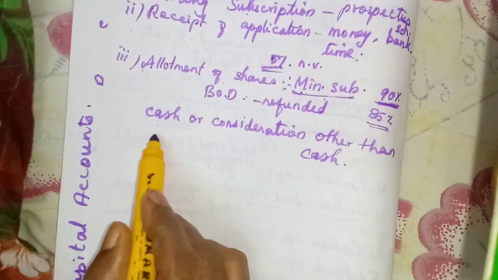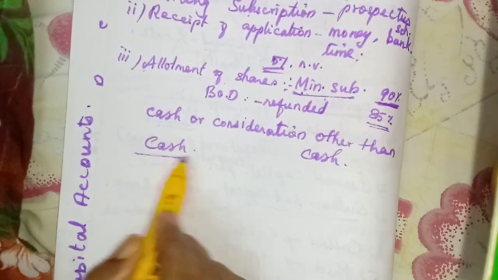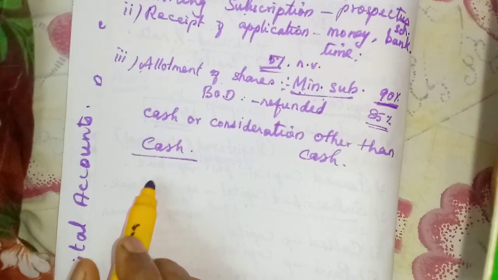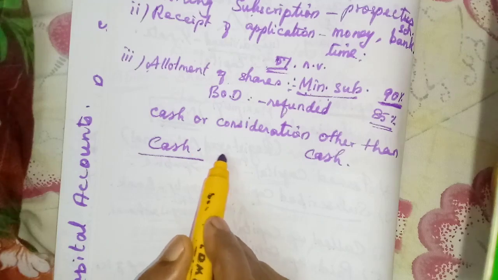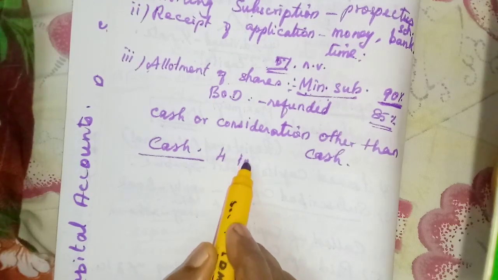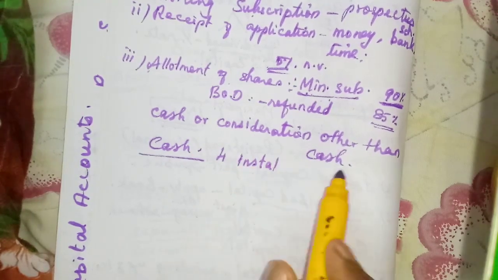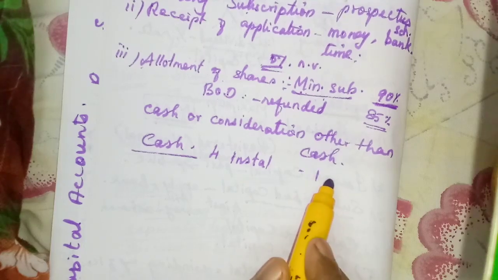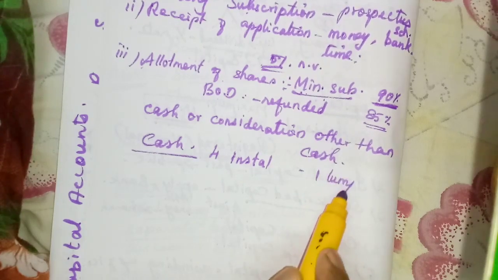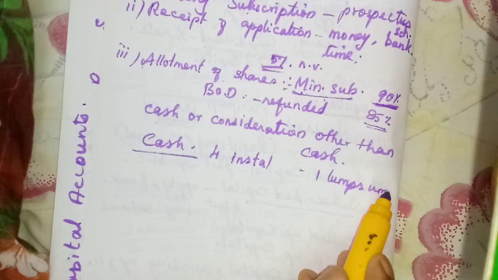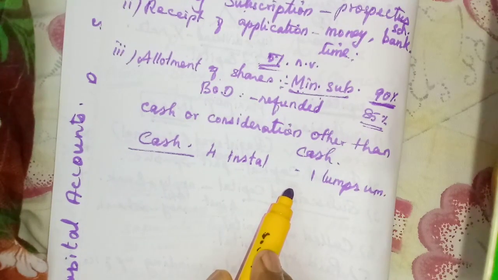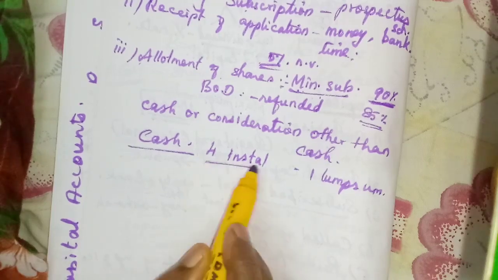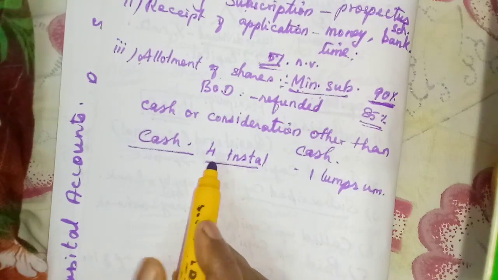If it is issued for cash, what is the procedure? The cash can be received in 4 installments, or in one installment as a lump sum. Nowadays they receive the full amount as one installment only. Before, there were 4 installments.